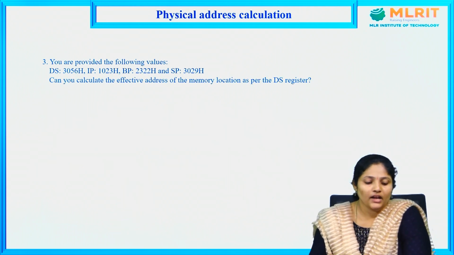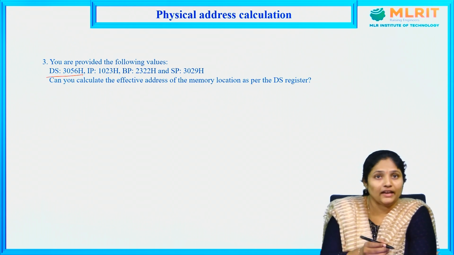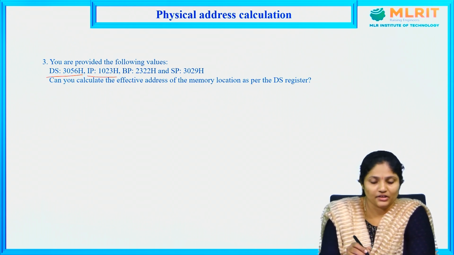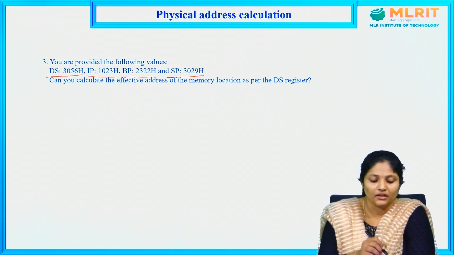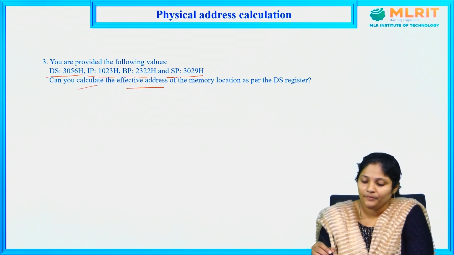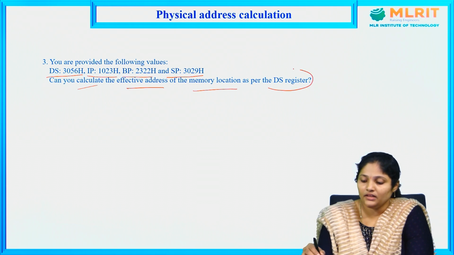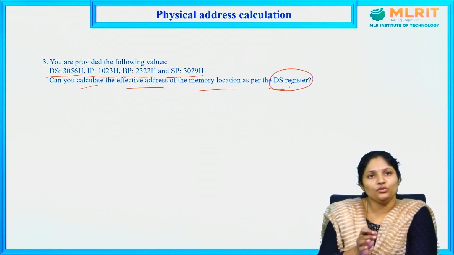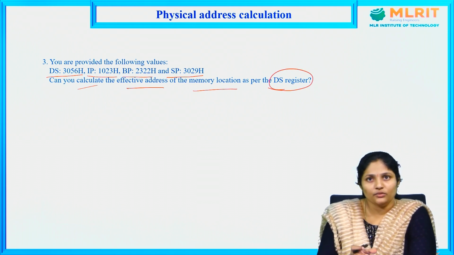Here they have provided the values of the DS register, data segment, IP register, instruction pointer, BP and SP. But they asked us to calculate the effective address for a memory location as per the DI register. Can we calculate the effective address for the DS register here?